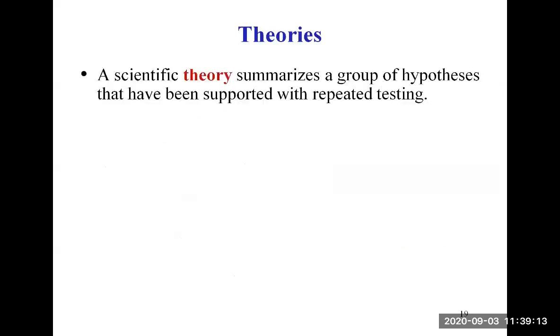Ultimately, you want to arrive at a theory. A scientific theory summarizes a group of hypotheses that have been supported with repeated testing. When you keep repeating experiments that are tied to a hypothesis, then that hypothesis gets stronger and stronger, and you can come up with a theory.